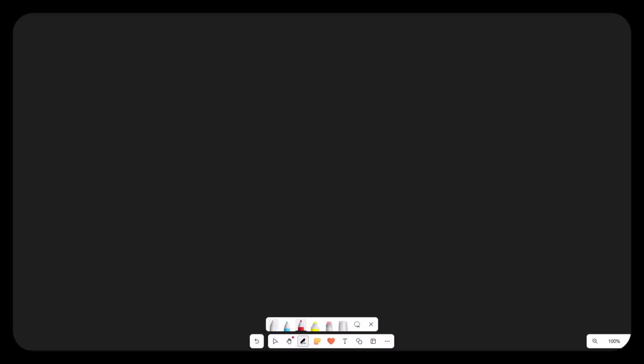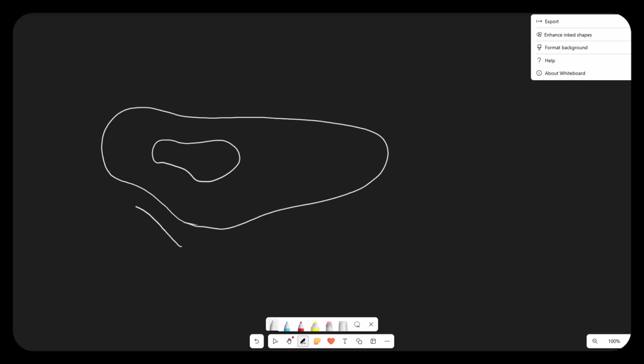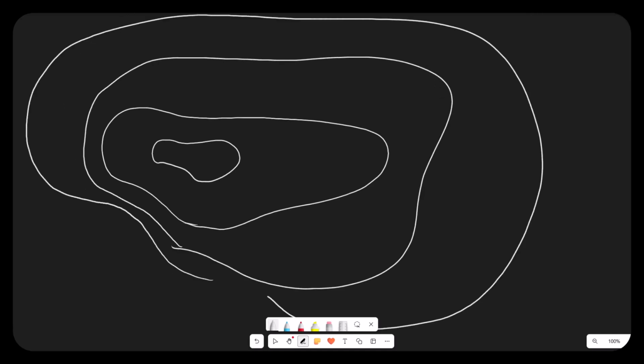If you are going hiking and you see something that looks like this for an elevation map, I would say right here, somewhere over here, I'm probably standing at the top of a small mountain.